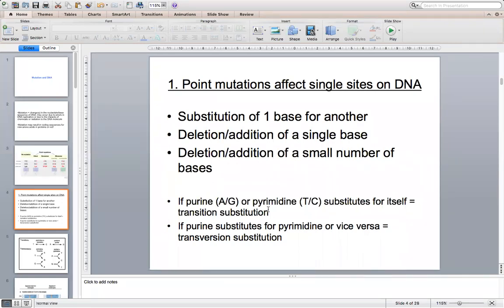I am repeating one more time. Adenine and guanine are purines; thymine and cytosine are pyrimidines. If the substitution takes place within purines or within pyrimidines, we call it a transition substitution. However, if the change takes place between purine and pyrimidine or between pyrimidine and purine, we call it a transversion substitution.